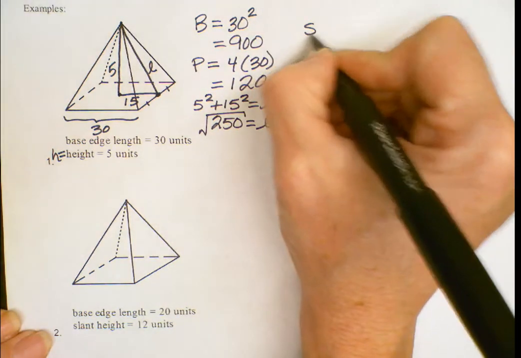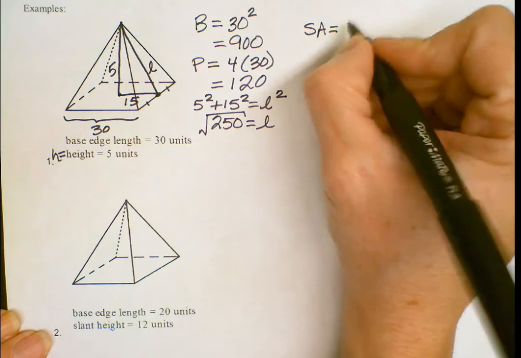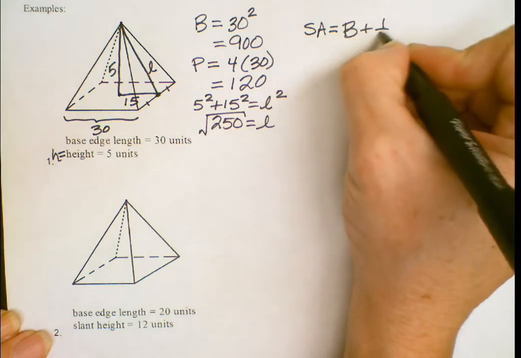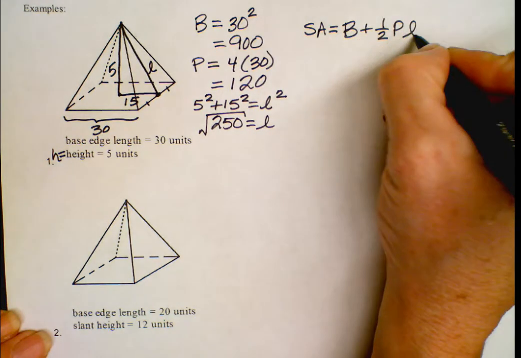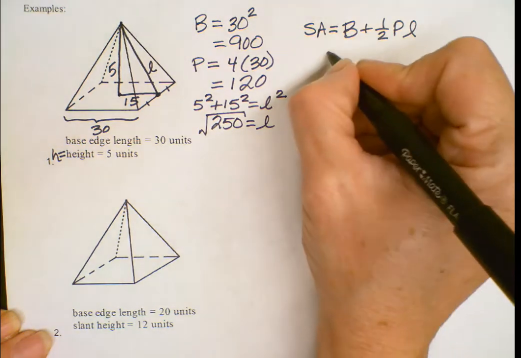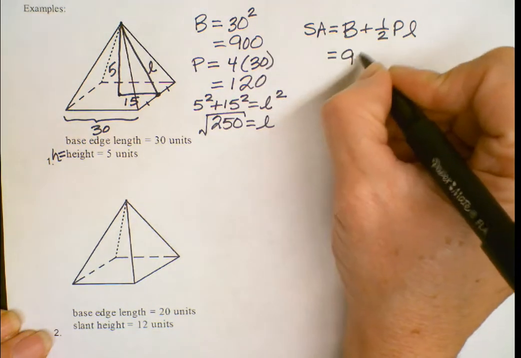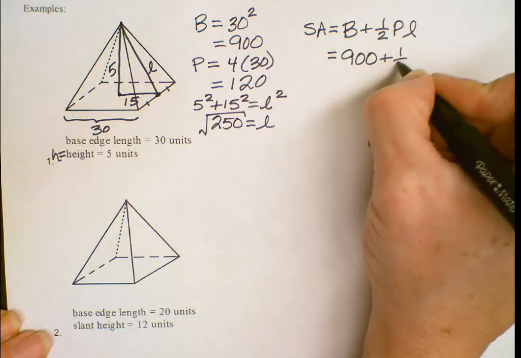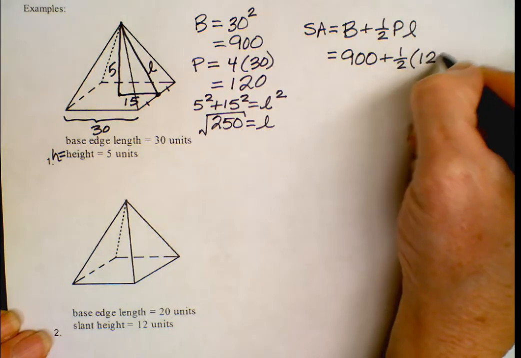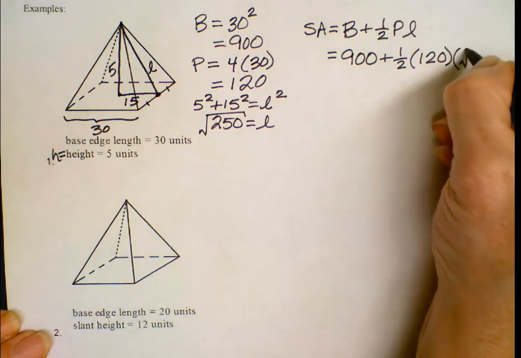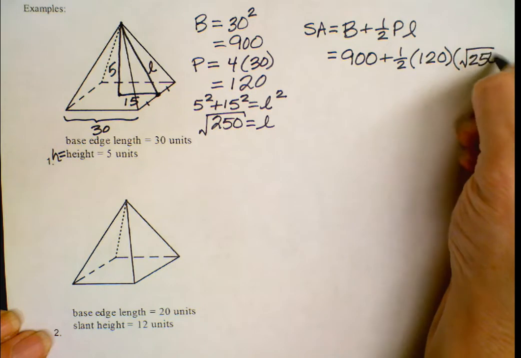All right, so the surface area. The area of the base plus 1/2 times the perimeter of the base times the slant height. So in this case, B is 900 plus 1/2 times P, which is 120, times L, the square root of 250.